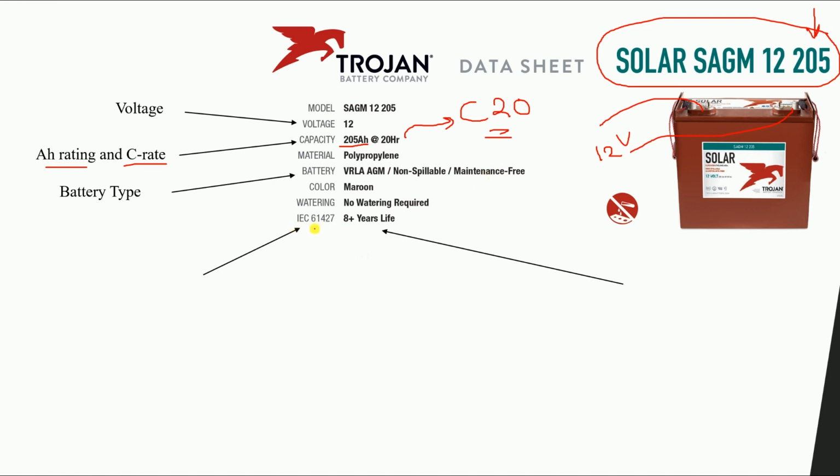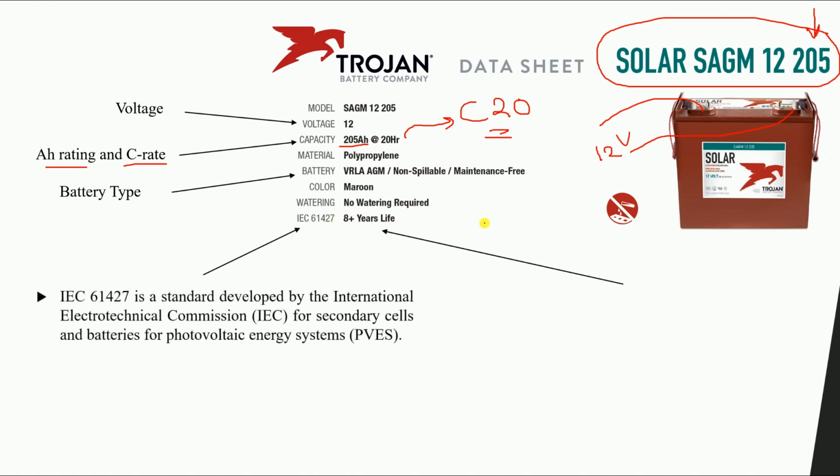Then the last one, which is important for us, is IEC 61427, 8 plus years life. So what does this represent? This is a standard developed by the International Electrotechnical Commission, or the IEC, for secondary cells and batteries for PV systems.